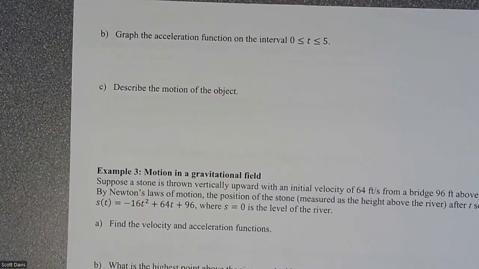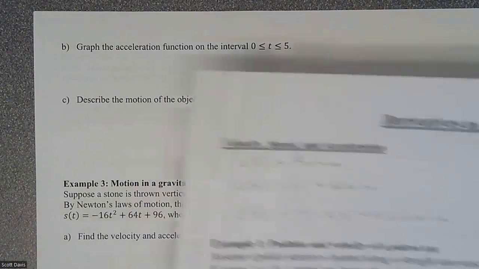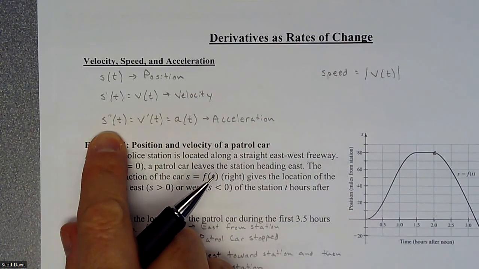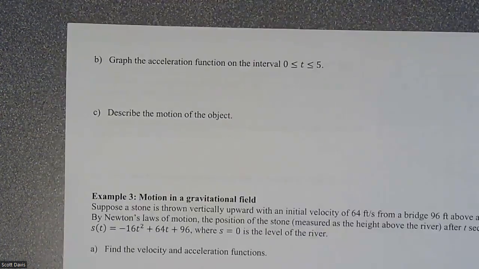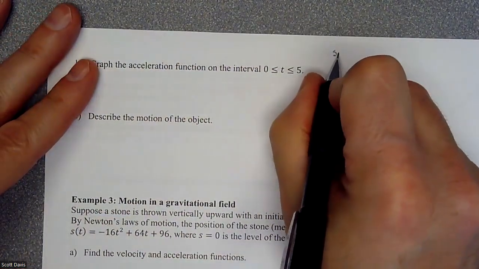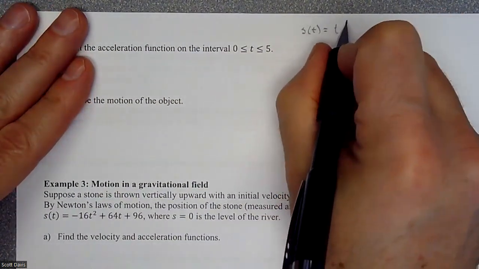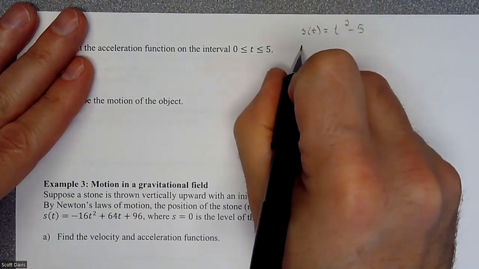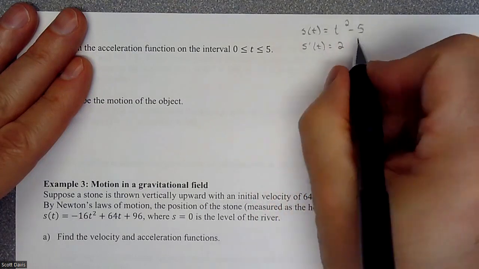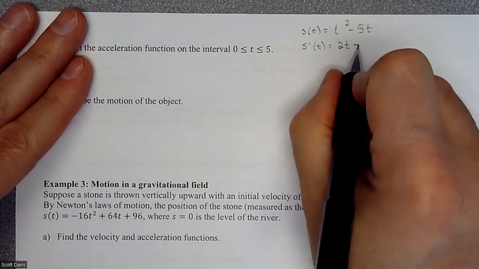It says graph the acceleration function. Acceleration is the derivative of the velocity, or the second derivative of your position. So our original position equation was t squared minus 5t. Our first derivative was 2t minus 5.